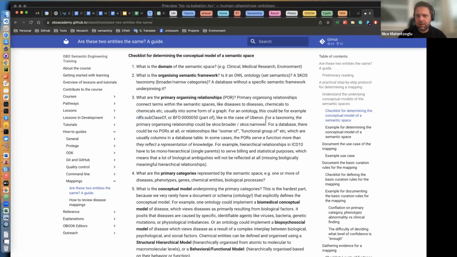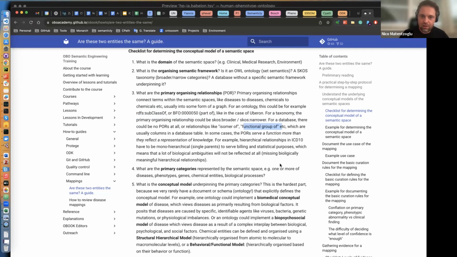But if you're in the taxonomy world, you have SKOS broader, narrower. In a database world, you may have relationships like isomer of, functional group of, and so on, for chemical entities. But for now, just write this down to have a sense. Okay, this is how the entities in my domain are organized with respect to each other, so in relation to each other.